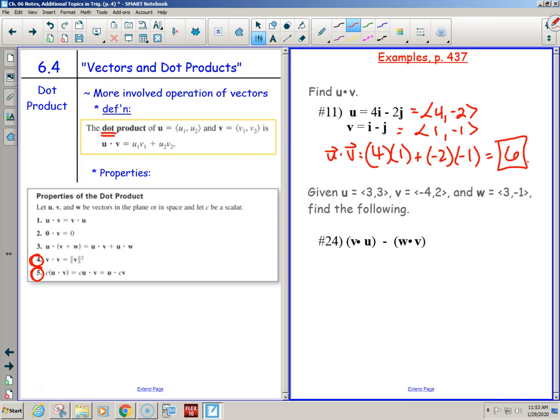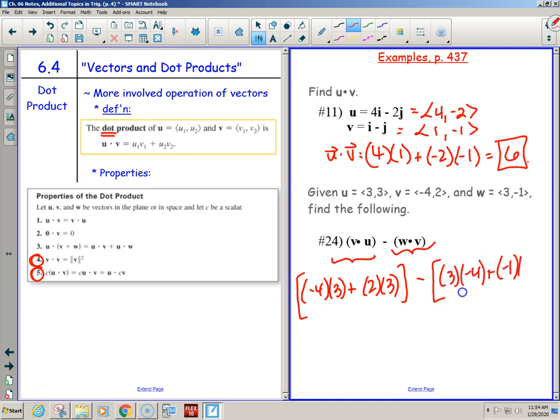So what's down here? If we have to do v dot u. Oh, wait a minute. V dot u. Can you do x times x plus y times y? What's the x times x of v dot u? Negative 4 times 3 plus y times y. Since this is a commonly used formula, we're just getting the hang of it and how to plug in. And then w dot v, okay, x times x, right?